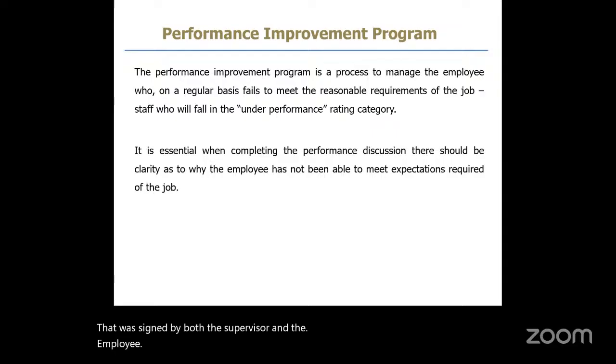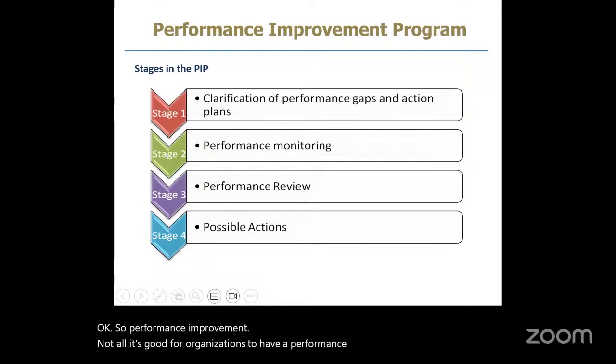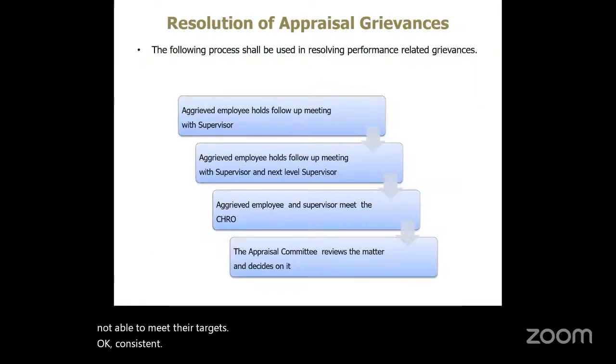Okay, so performance improvement. It's good for organizations to have a performance improvement program. A performance improvement program is targeted at those who are consistently unable to meet their targets.